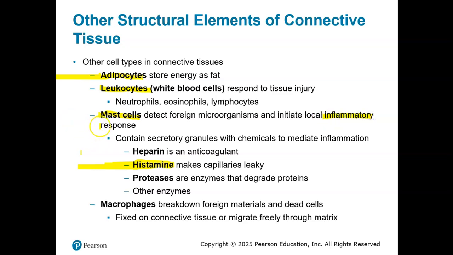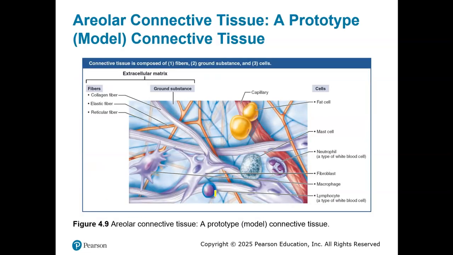So those are called mast cells. And then some white blood cells are called macrophages. Macrophages engulf bacteria or cells that contain viruses, and they engulf them and destroy them.